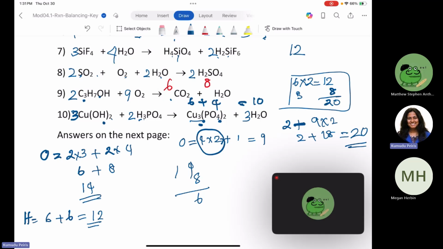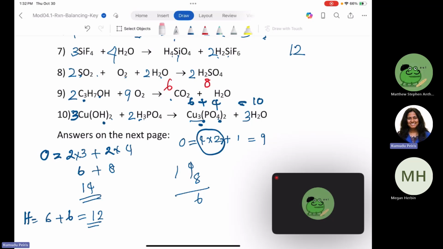Let me clear the area. Okay. So now we have 12 hydrogens in the reactant side, but the product side we have only 2 hydrogens. So I must add the 6, right?